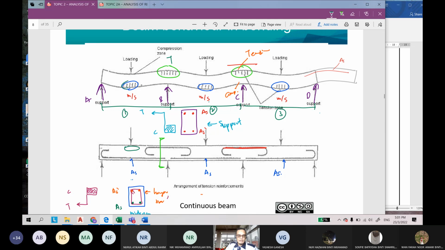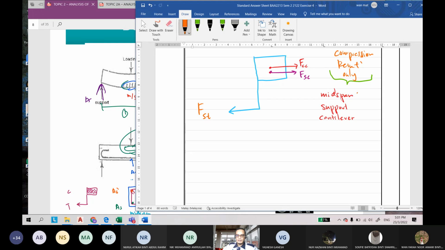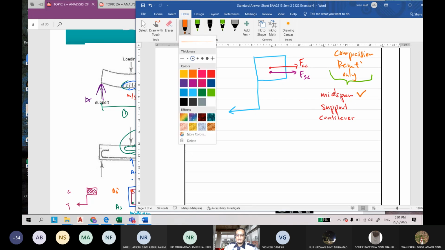The tension is at the middle and the compression at the top. So we need it at the mid span. These situations only occur at the mid span.